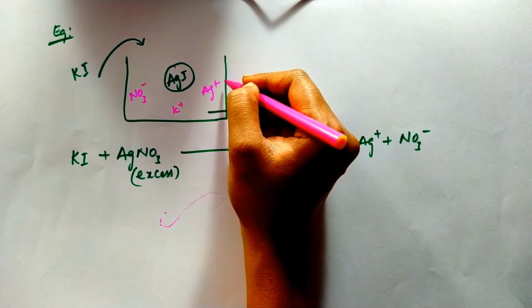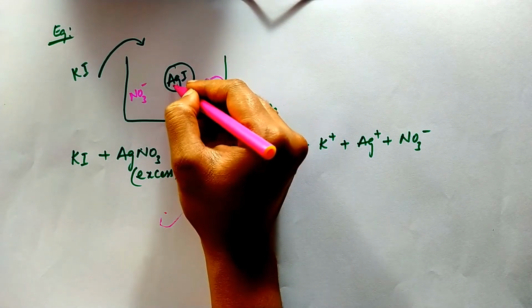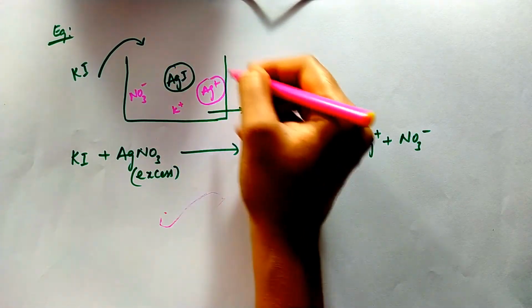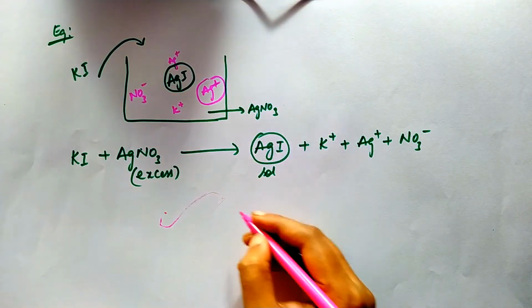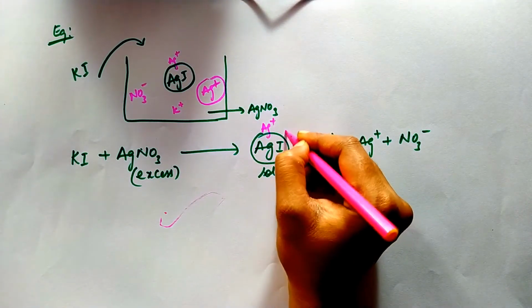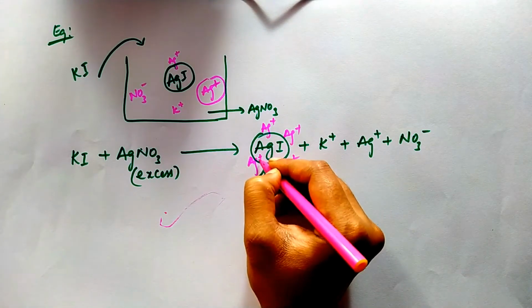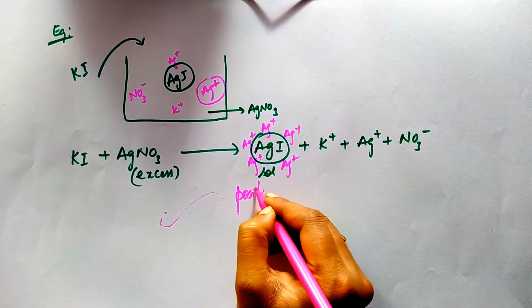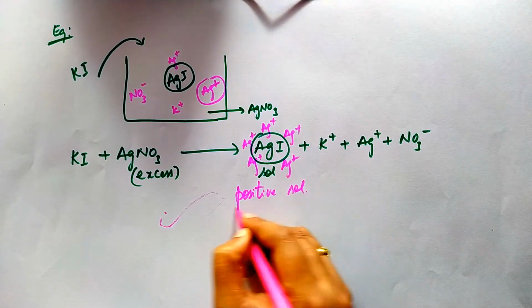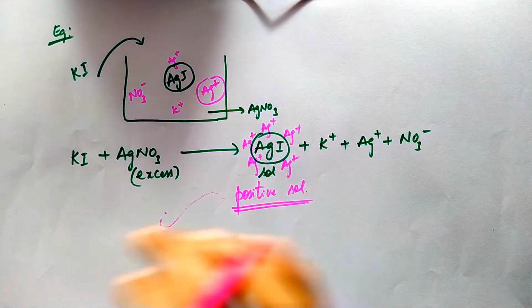The common ion for AgI is Ag. So it adsorbs Ag, which carries a positive charge. So Ag plus, Ag plus, Ag plus. So it becomes a positive sol. This is how the colloidal particle gets positive charge.